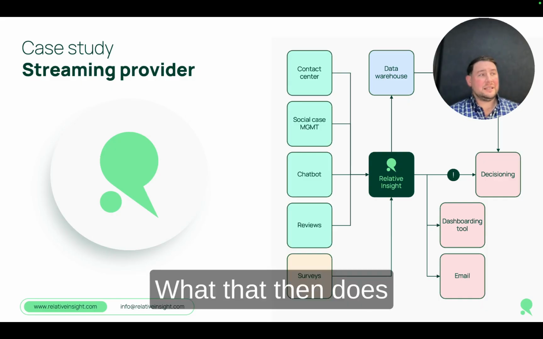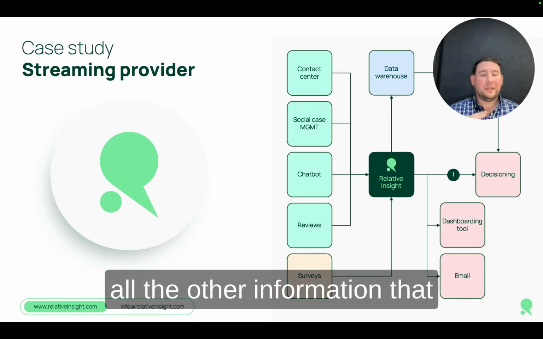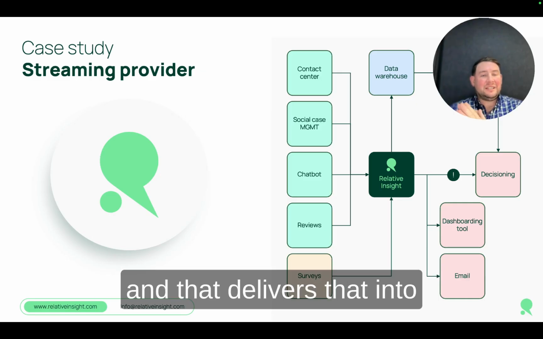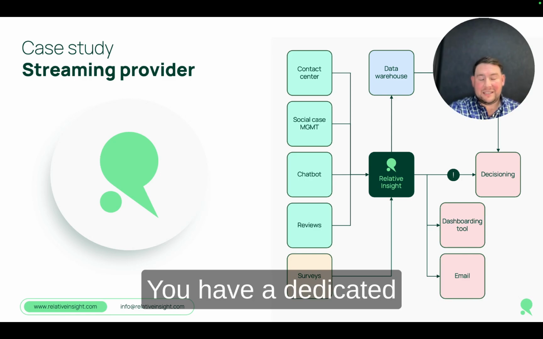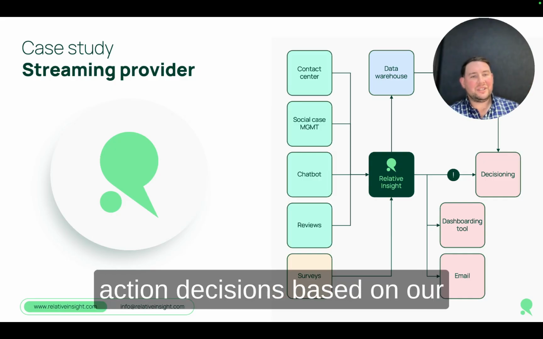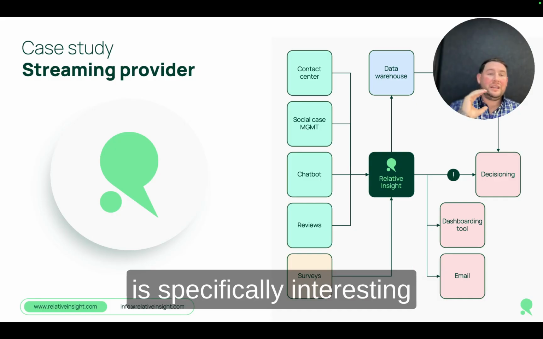It then sends that information, so the name of the person, all the other information that we know about them, but also what they've been saying, into their dedicated decisioning tool. And that then creates next best action decisions based on our parcel of information.